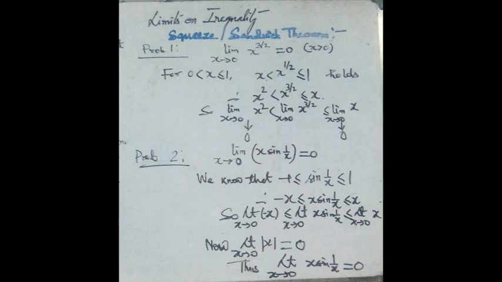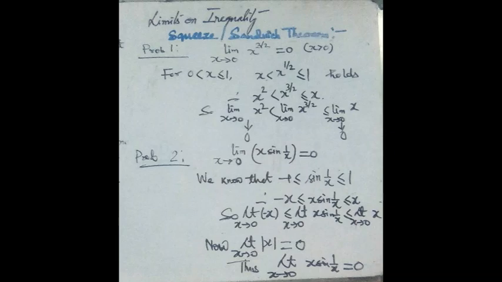Now we will have limit as x tends to 0 of minus x less or equals to limit as x tends to 0 of x sin 1 by x less or equals to limit as x tends to 0 of x. Now limit as x tends to 0 of x or of minus x, that means limit of mod x, is 0, as we know from our previous knowledge. So the limits of the two extreme functions, that is limit of minus x and limit of plus x, are both 0.